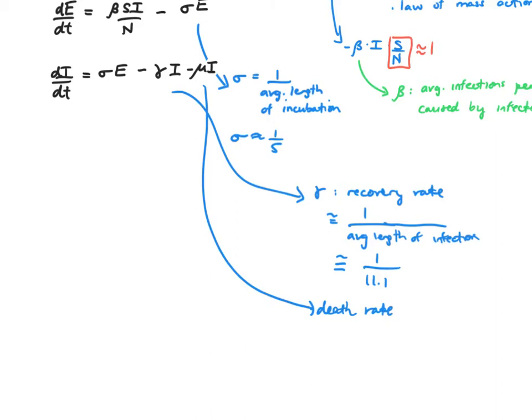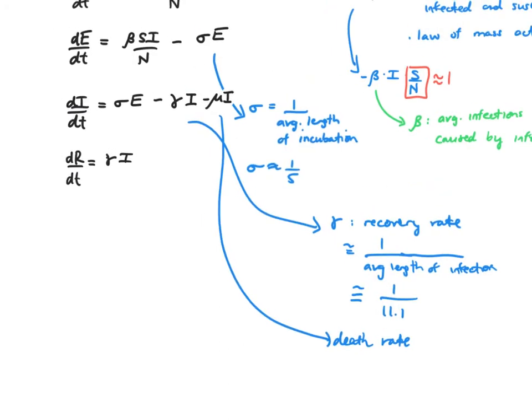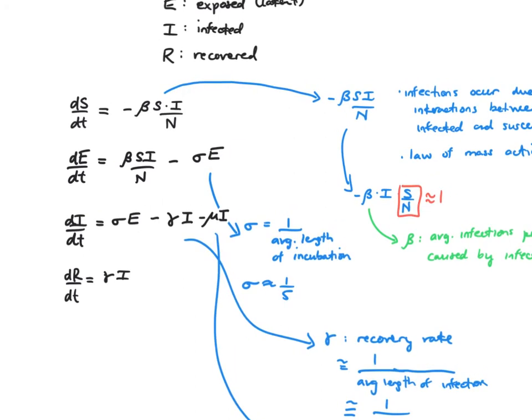So the final thing is the recovered class. The rate of change of the recovered class is simply the flow in of the recovering infected individuals. All right, and so this is the gamma I term. So really this SEIR model framework is just characterizing taps in and out of these four categories, and the tap out for one is typically the tap in to the next.